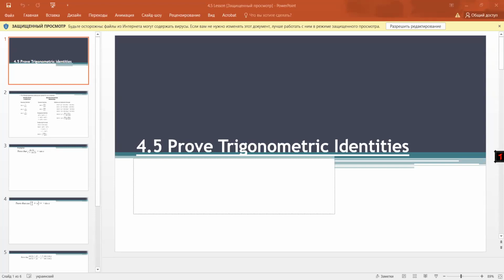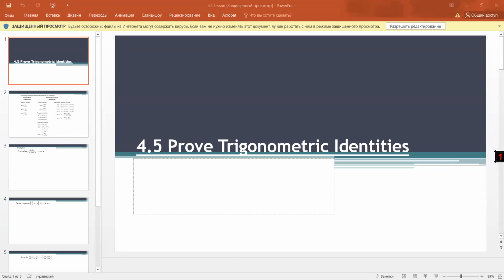On your screen right now, you can see identities based on definitions, reciprocal identities, right? It means that if it's based on definition, in this case this function is reciprocal. Reciprocal is this function raised to the power -1.